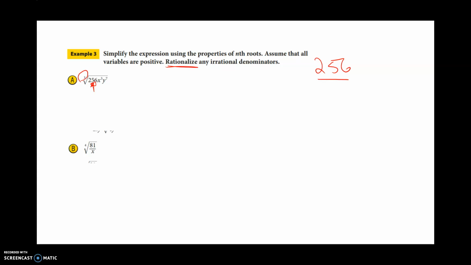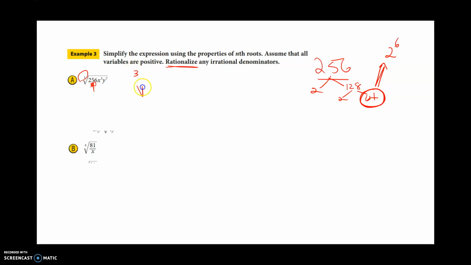I could do a factor tree, couldn't I? I could do 2, and what would this be? 128. Starting to look interesting here, guys. In the last video, I said 2 to the 6th was 64, wasn't it? Well, that means 2 to the 7th, 2 to the 8th. 256 is 2 to the 8th, isn't it?